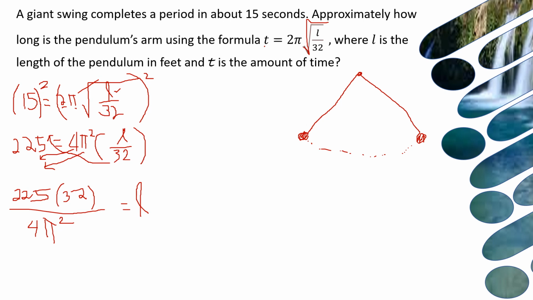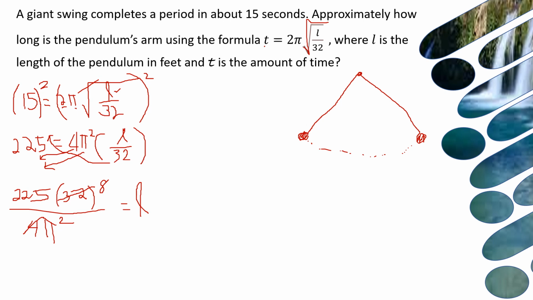Then there are factors which are common on the numerator and denominator. 32 and 4 can both be divided by 4. So 32 divided by 4 is 8 and 4 divided by 4 is 1.